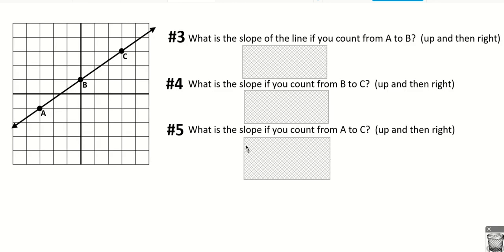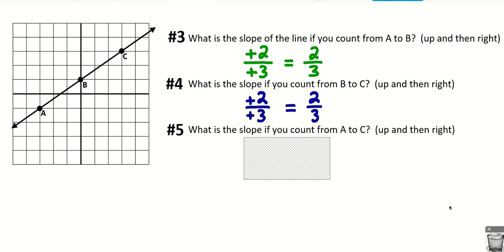The discoveries start with these ones, 3, 4, and 5. So hope this made sense, how you were supposed to count from A to B. That was up 2, right 3. Then you were supposed to count from B to C. That was also up 2, right 3.